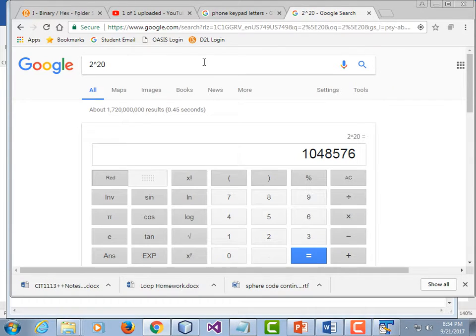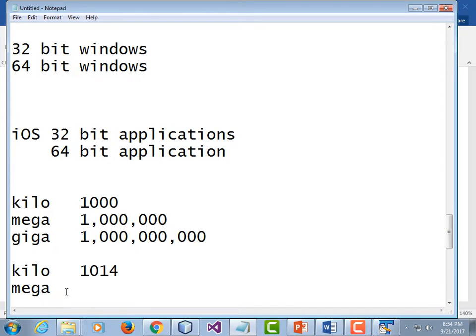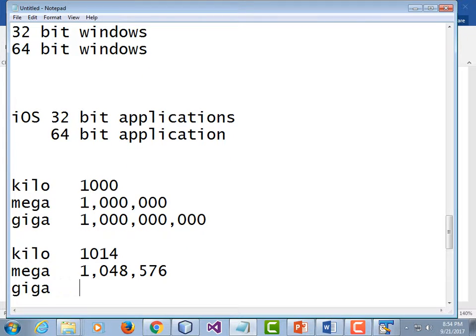That's the right one. And a gigabyte, again, is a little bit off, but it's close enough that they use the same Greek prefixes that they borrowed from the scientific world. It's 1 point whatever billion.